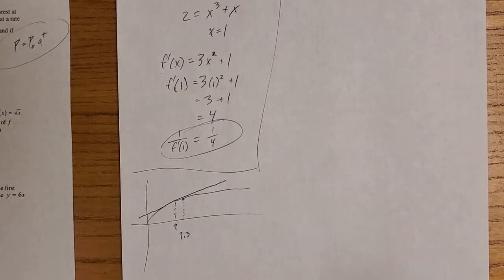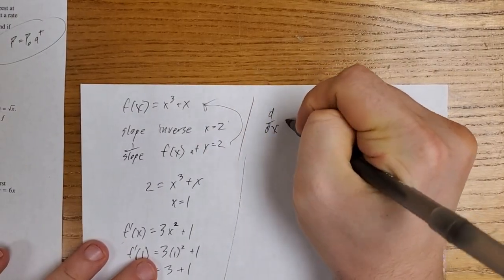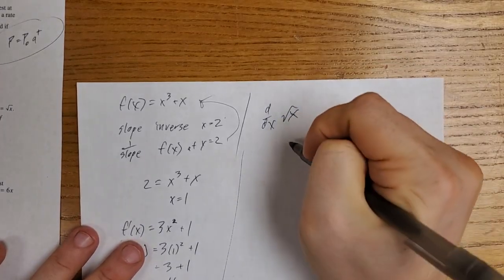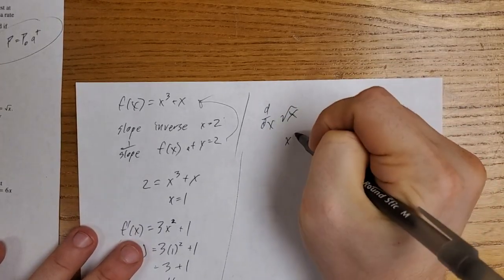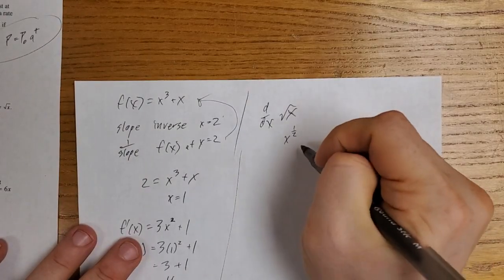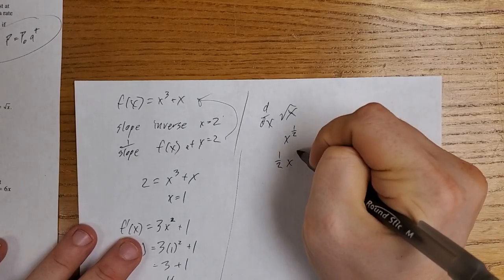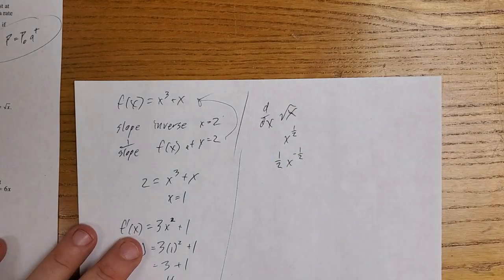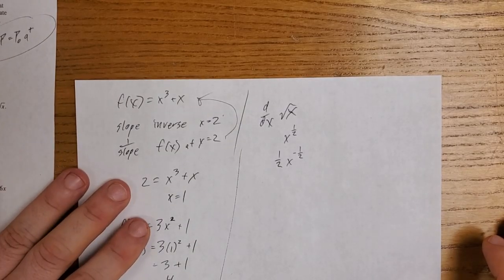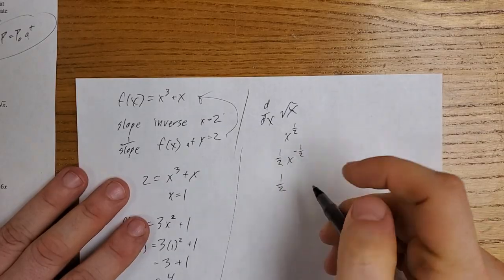So we need that slope, we need the derivative of square root of x, and again we're going to convert that square root to x to the power of a half, and take the derivative, power rule, bring the half down. 1 half minus 1 is x to the negative half power, and then just for convenience, we're going to rewrite that in the more traditional manner.